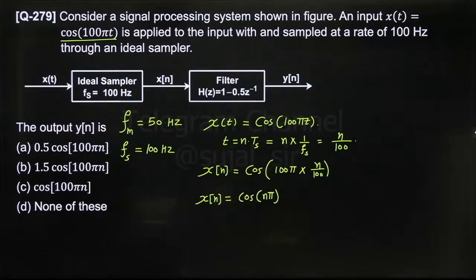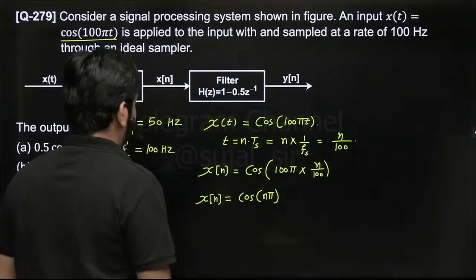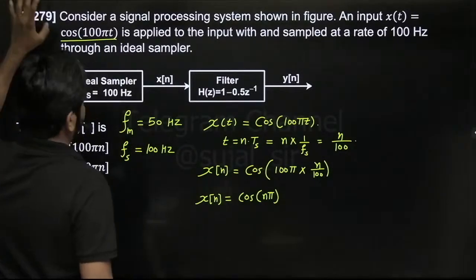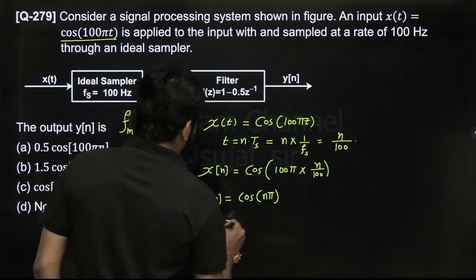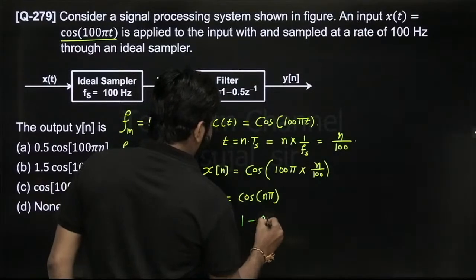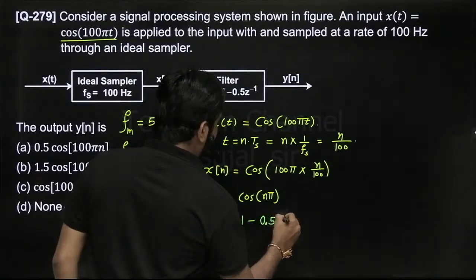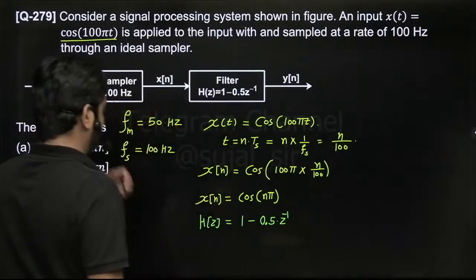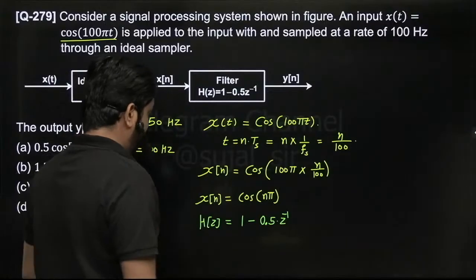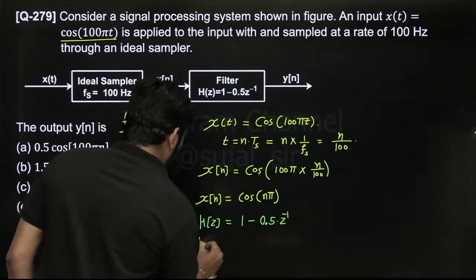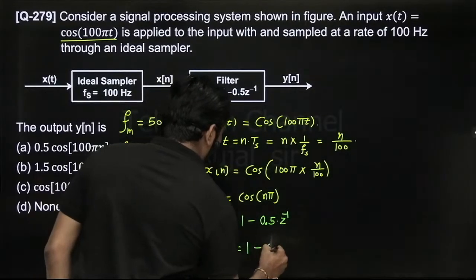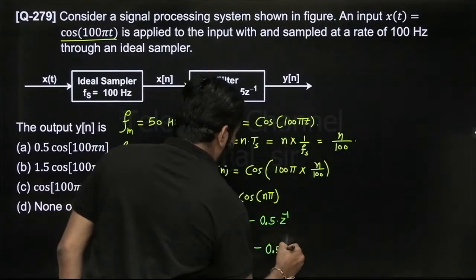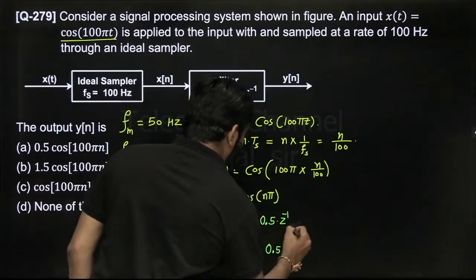Now I told you about the sinusoidal steady state response concept, do you remember? Here the transfer function H of z is equal to 1 minus 0.5 into z inverse. For the frequency response you can replace z with e power j omega, so 1 minus 0.5 e to the power minus j omega.